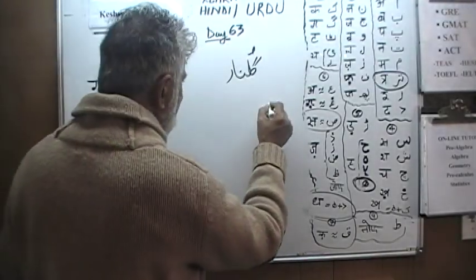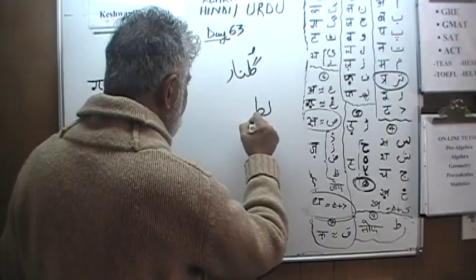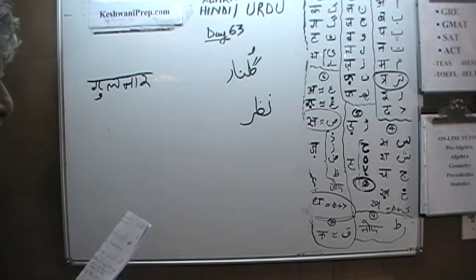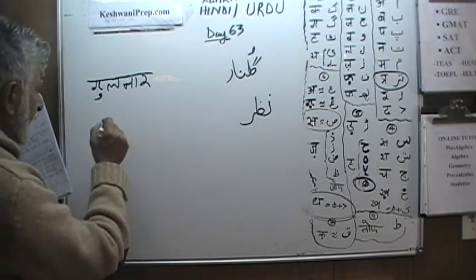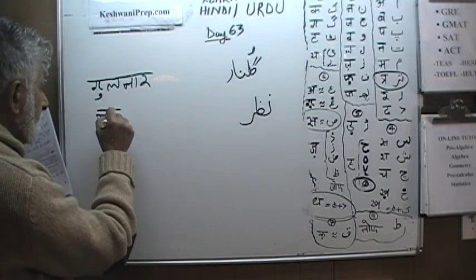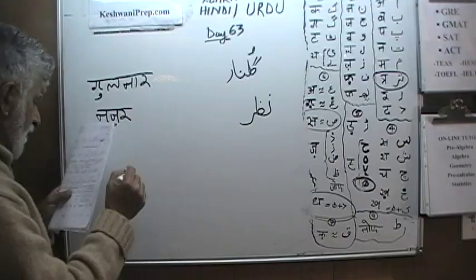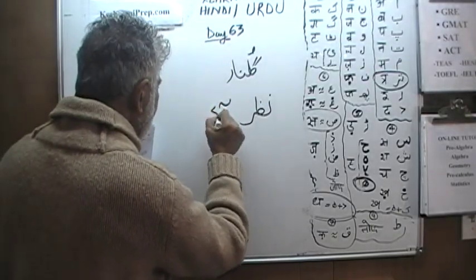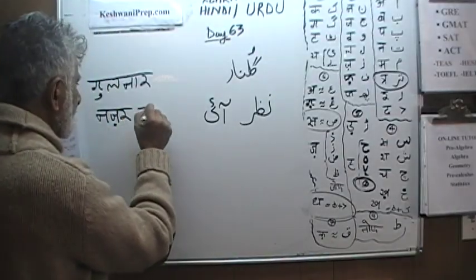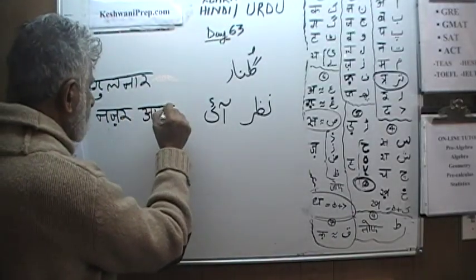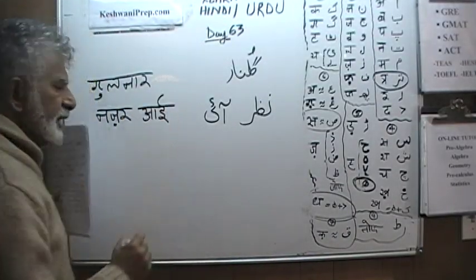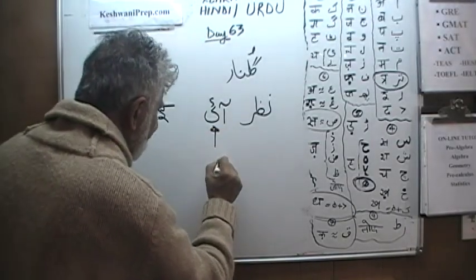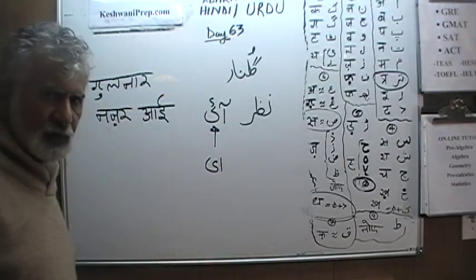Gulnar nazar. We have done this word before, so I'm not going to spend time. Nazar means look, glance, a look or a glance. Gulnar nazar aayi thi. And you know what this is? This thing that you see there is alif and a choti ee.